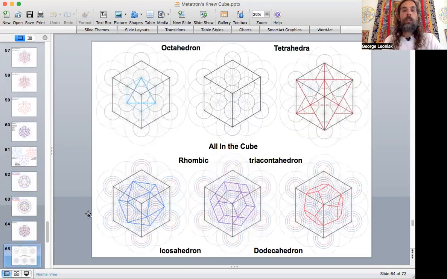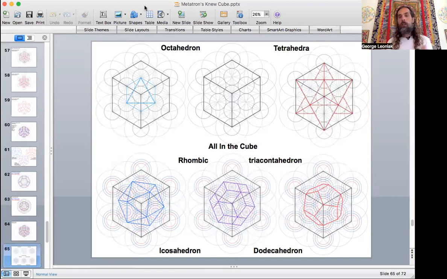Okay, some closing comments now that are just kind of going through everything that we have done. The main purpose of this is one to show how sacred geometry in the cube can contain all the Platonic solids as, what I feel, they're meant to be shown, how they all nest within this cube that we call Metatron's cube.